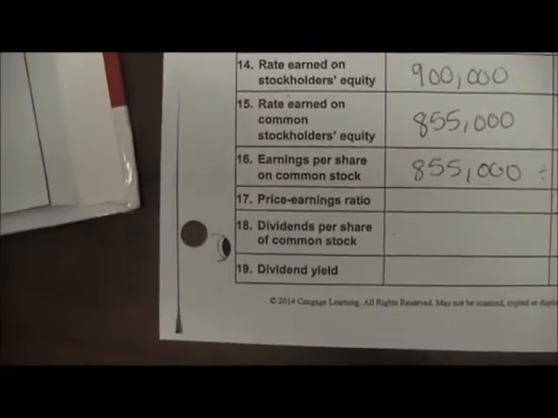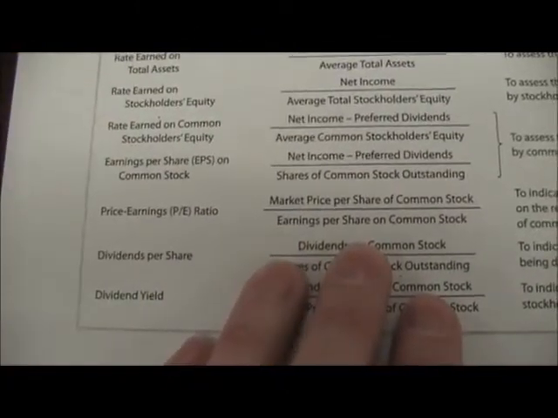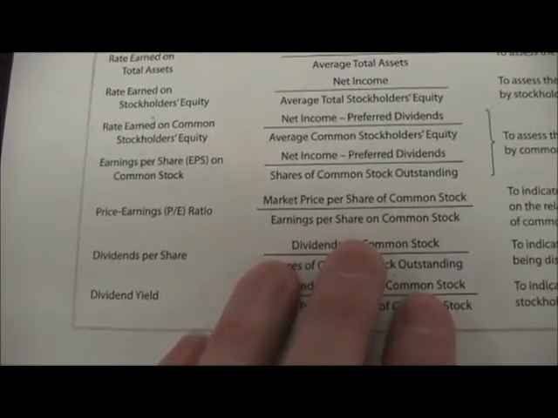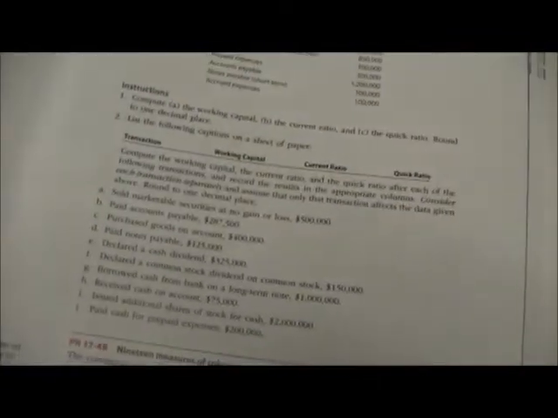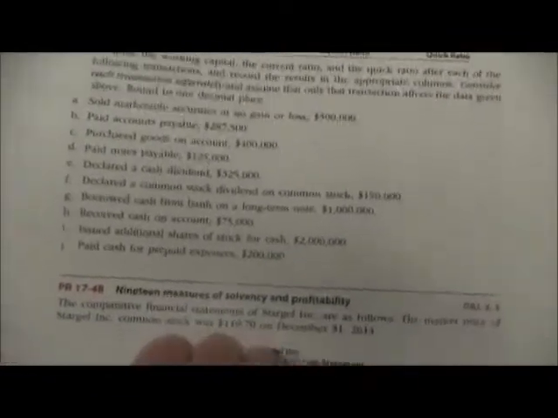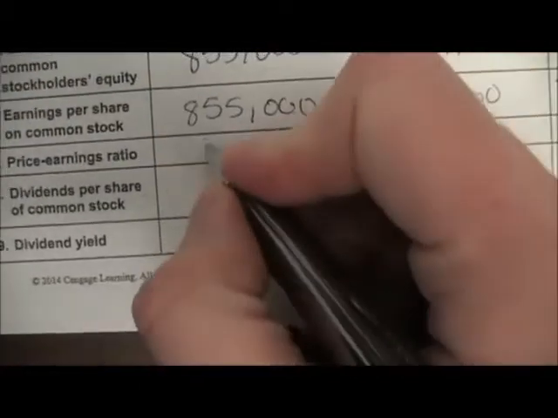Okay, the next one is the price-earnings ratio. The price-earnings ratio is found by taking the market price per share of common stock divided by earnings per share on common stock. If we look in our textbook, the very first paragraph told us that the market price was $119.70. So that gives us our top number.